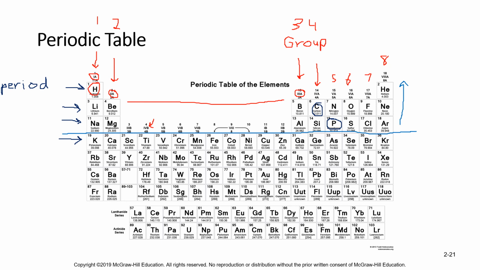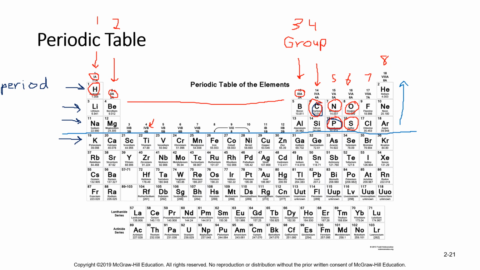So carbon is in group 4. It has 4 valence electrons. Phosphorus and nitrogen are in group 5. They have 5 valence electrons. Oxygen and sulfur are in group 6.